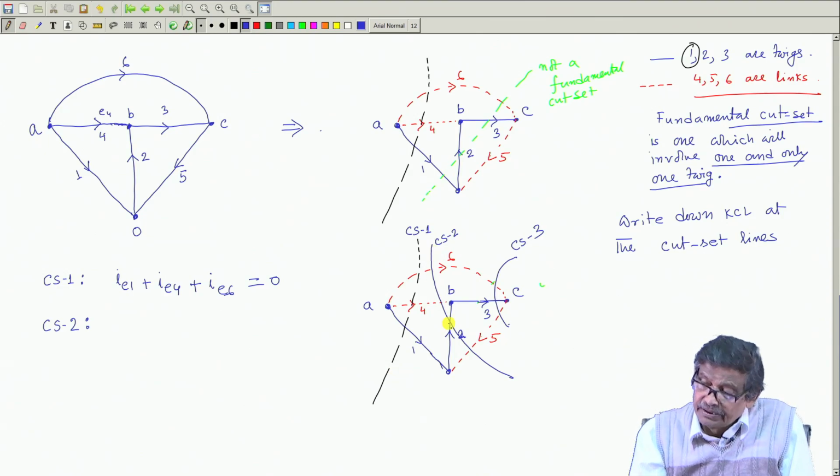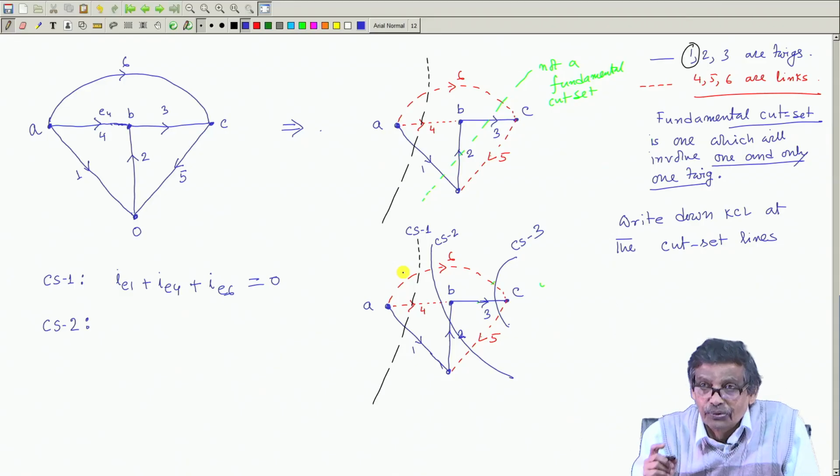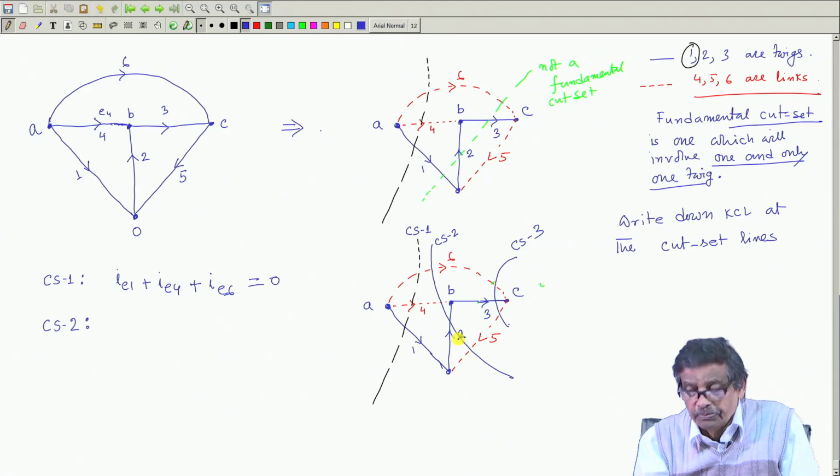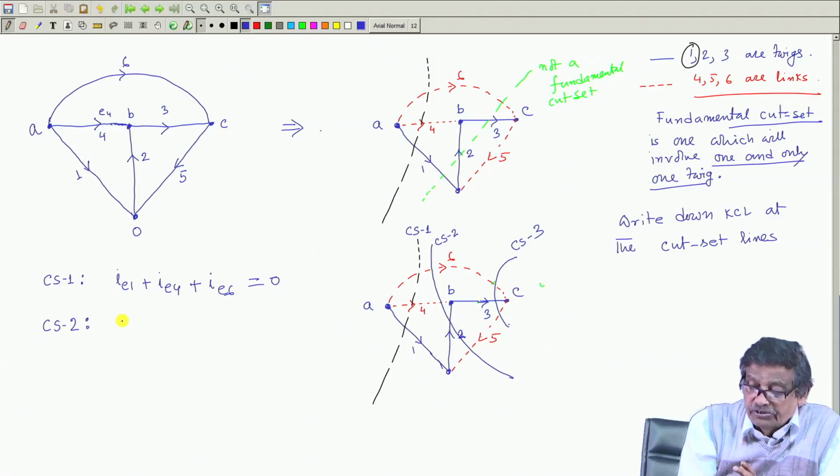Here I will apply once again KCL at this cut set, at this line, not at the nodes. Which twig is present in this cut set? Only twig 2. So, from bottom to top is the positive direction.